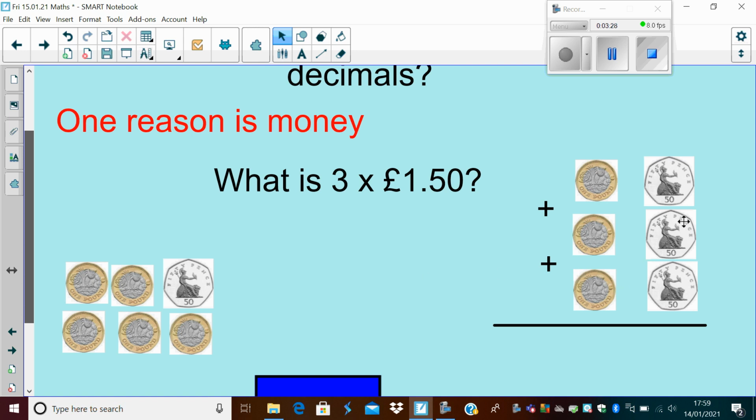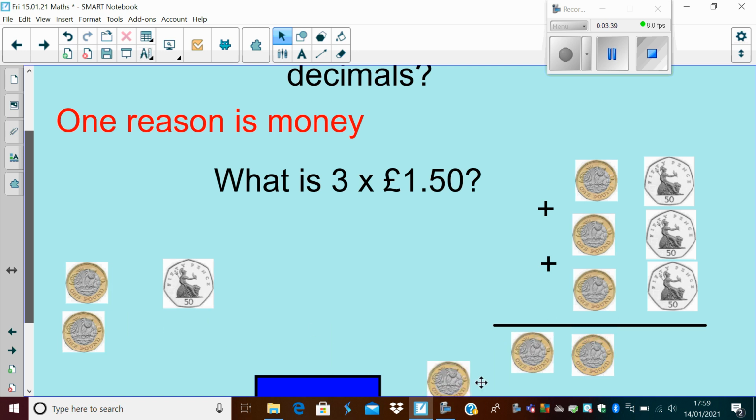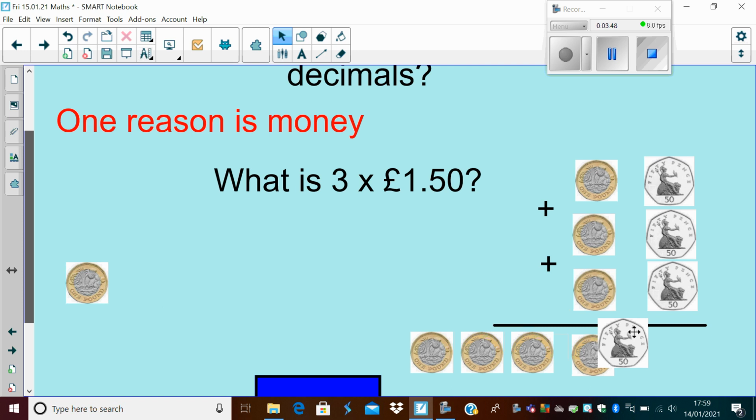So if we take one of these pound coins and take it over to this side, and then we add our other 3 pound coins, 2, 3, 4, and of course we've made £1 from that. We've still got a 50p left. So £1.50 add £1.50 add £1.50 is £4.50, which is the same as 3 lots of £1.50.